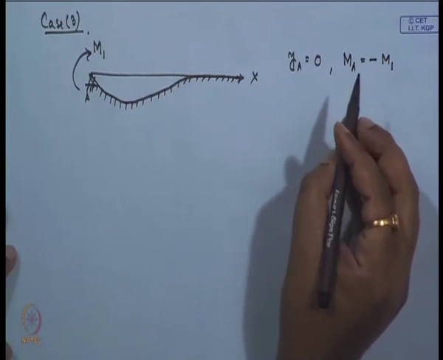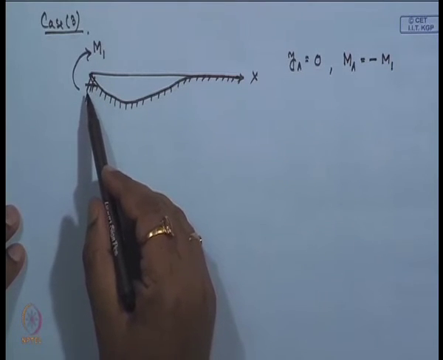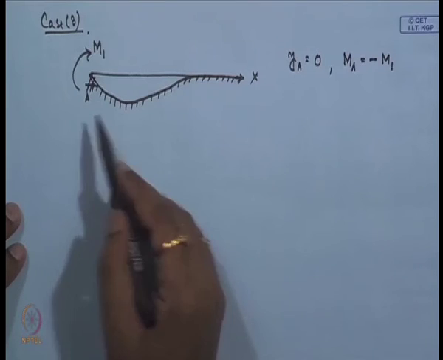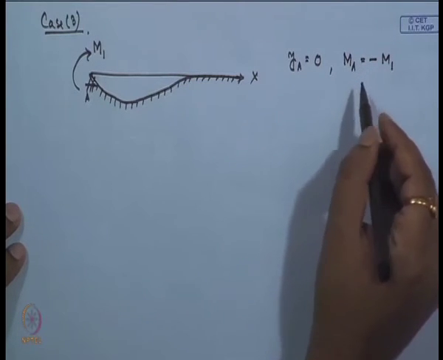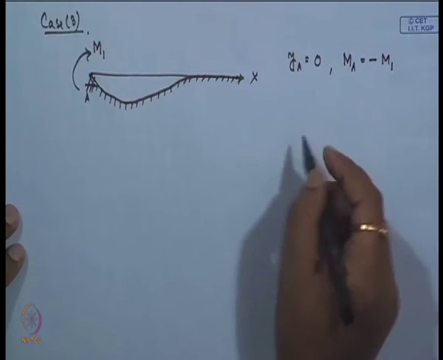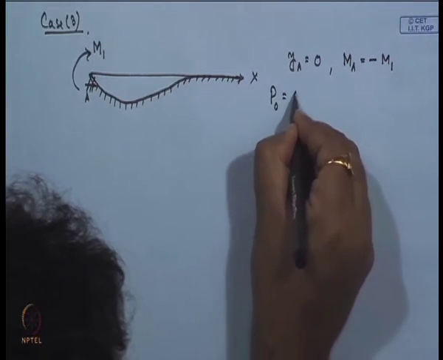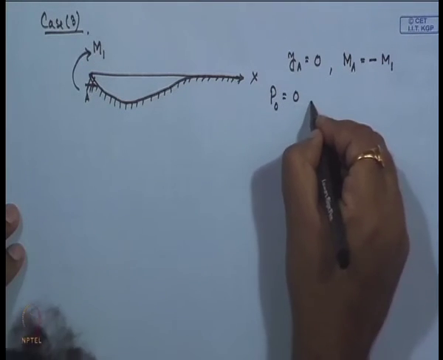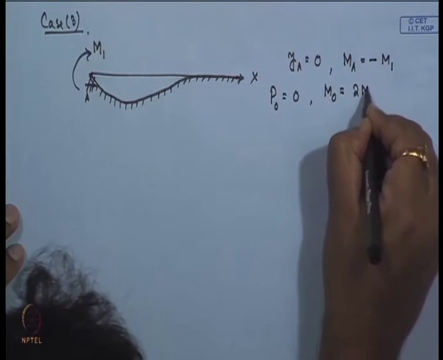Now, for this case, if I consider this is the hinged end, and then we put this y a and m a value into the expression that we have already derived, finally we will get that p 0 is equal to 0 and m 0 will be 2 m 1.